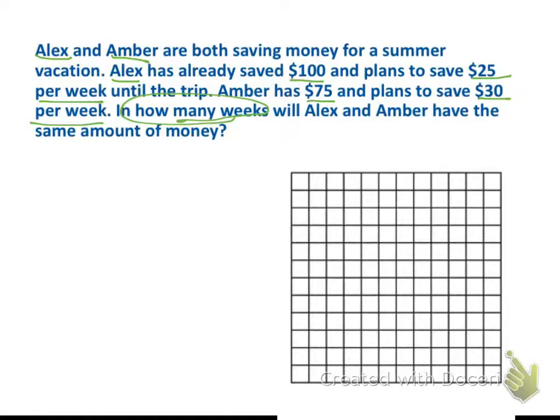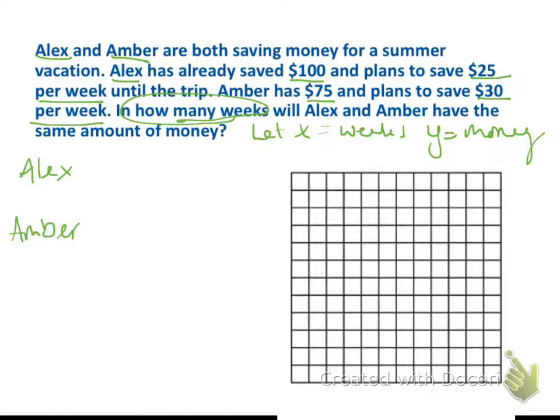So we're going to write two equations. One equation will be Alex and one equation will be Amber. We're going to let x equal weeks and y equal money. Okay, so for Alex, we've got y equals, he's saving $25 per week.